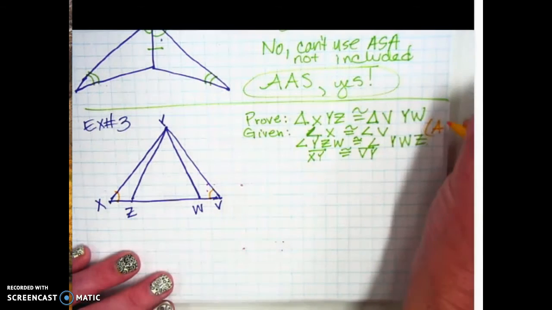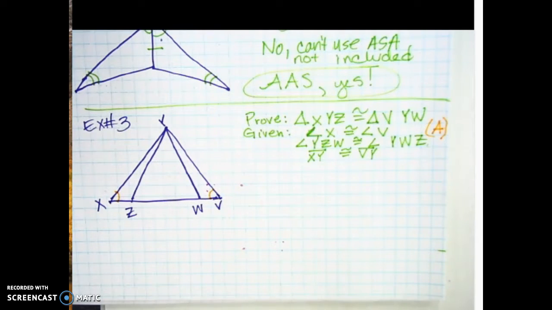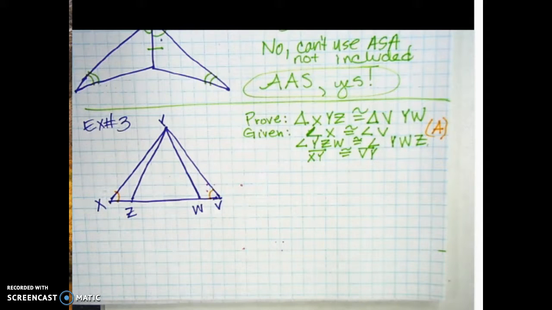If you want, put it in parentheses. Some people write the A or the S on the left or on the right, just to point it out. When we go back and look at the 5 congruences that work, we'll be able to know we used this, this, and this, so it'll make it a little easier for us.